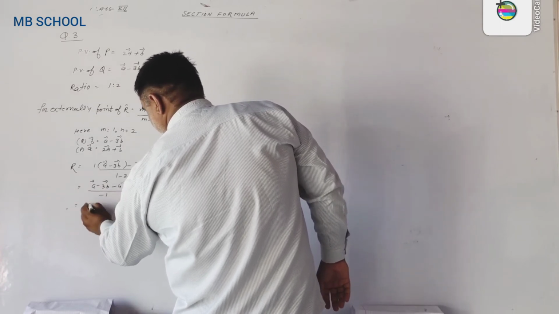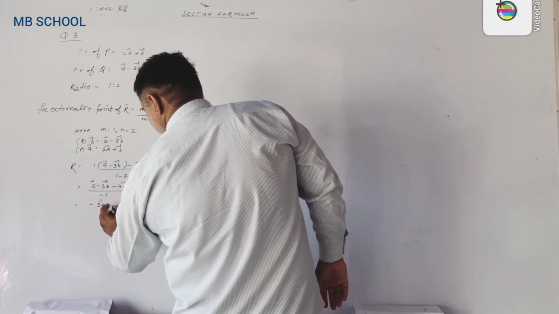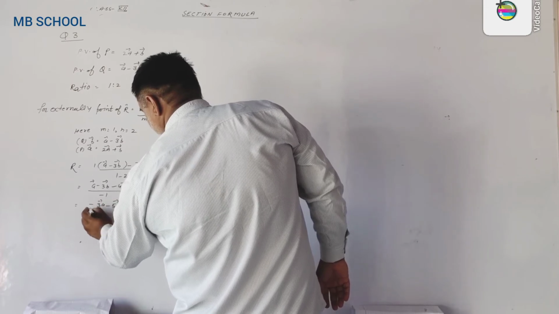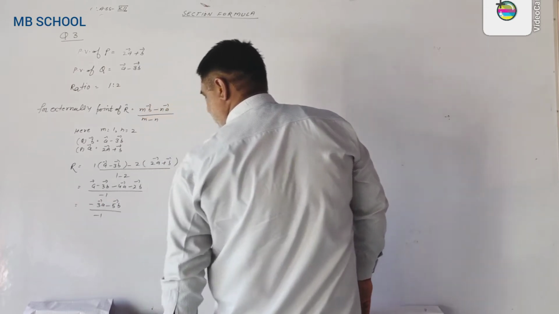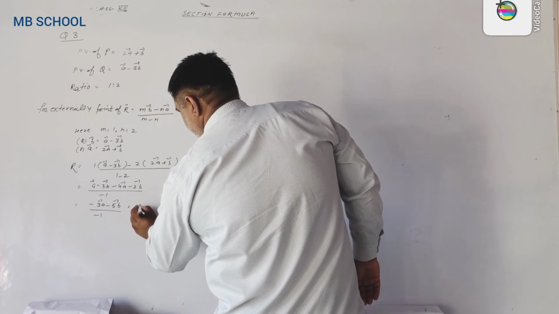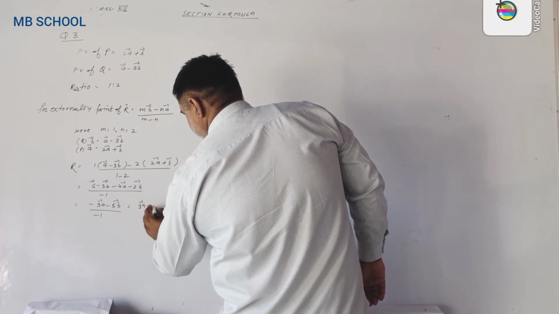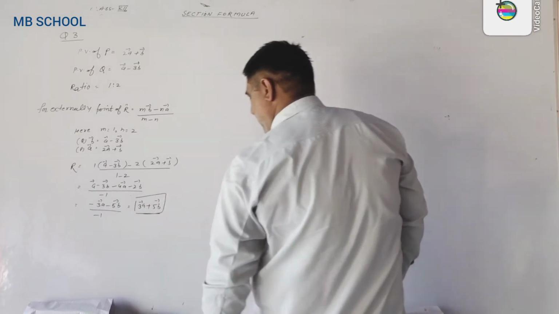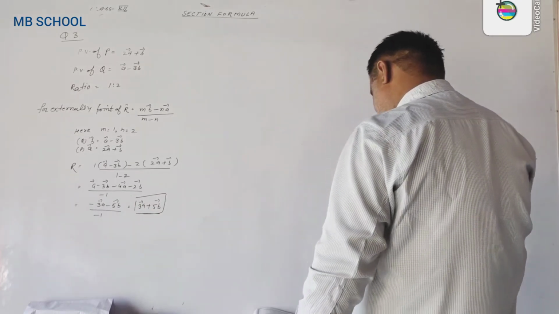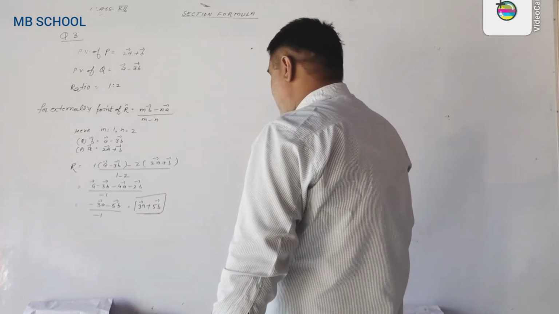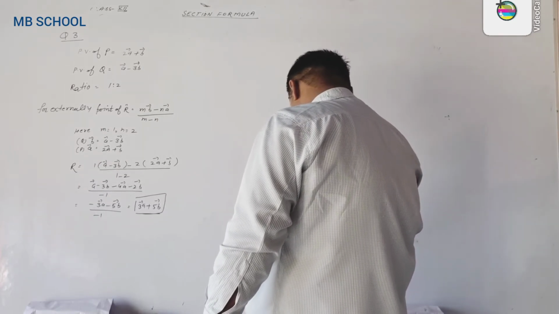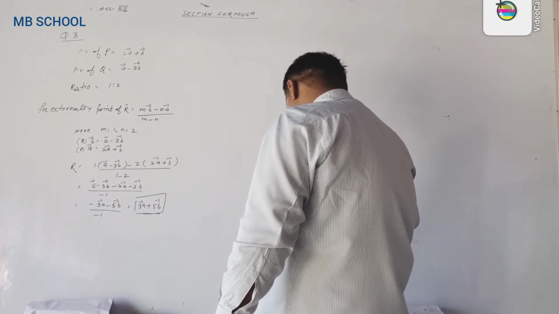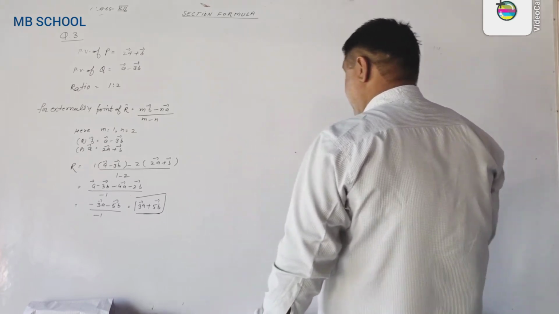We get minus 3a minus 5b by minus 1. We take minus common out from above, then we get 3a plus 5b. This is the position vector of R which divides this in the ratio 1:2. Also in this question we show that P is the midpoint of line segment RQ.